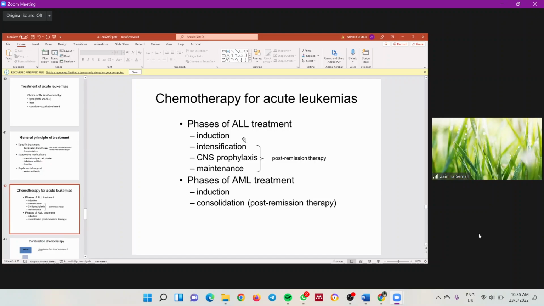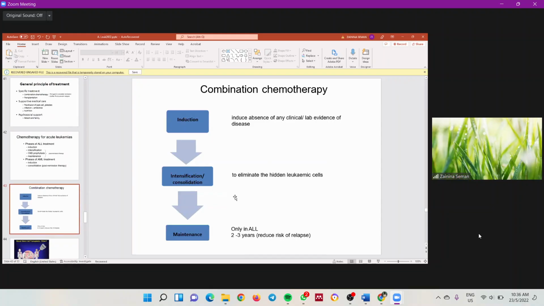For ALL, we have different phases of chemotherapy. First, we have to give induction therapy, intensification, followed by CNS prophylaxis and maintenance therapy. But the AML treatment only consists of two phases, induction and consolidation. So what does it mean? The induction therapy phase is used to induce the absence of clinical or lab evidence.